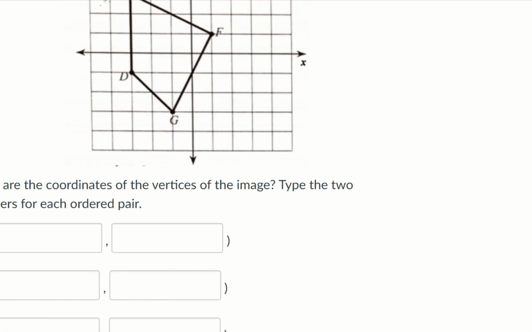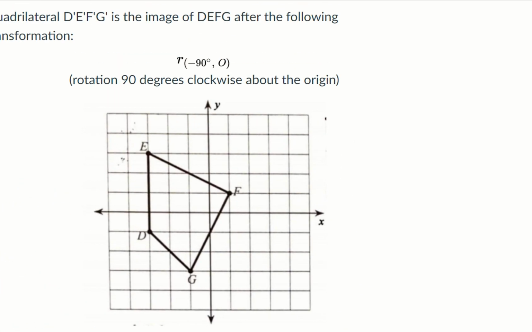So first, you have to know the rule for rotation of 90 degrees clockwise about the origin. So let's go ahead and list out that rule. If you're transforming (x, y) by 90 degrees clockwise, that's the same thing as 270 degrees.